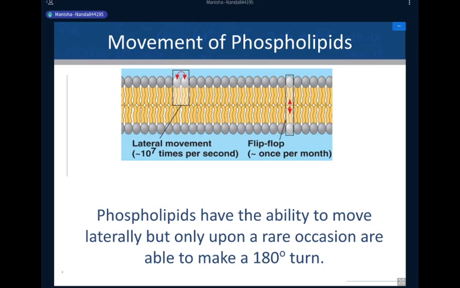Because of these flip-flop movements, all the lipids that are synthesized in the cytosol first enter the cytosolic side of the lipid bilayer, or the internal lipid bilayer, and are finally, through flip-flop movements, transported to the exterior side of the lipid bilayer. Otherwise, also, these lipids can exchange places when required. Did you get this? What are these two movements, and what is their significance in the plasma membrane?